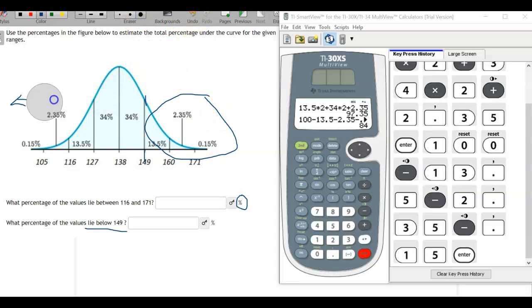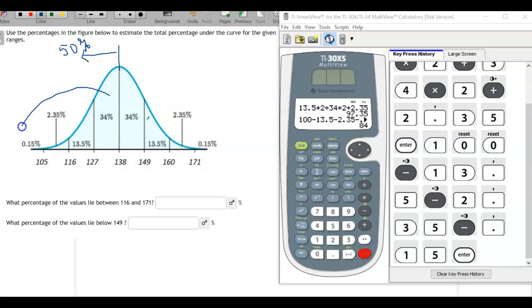Now, I'll show you an even faster way of doing this. Since the normal curve is split into two equal parts, symmetrical, this half, of course, is 50%. So we don't really need to add all those 4 values on the left-hand side, because these 4 values should all add up to 50%.